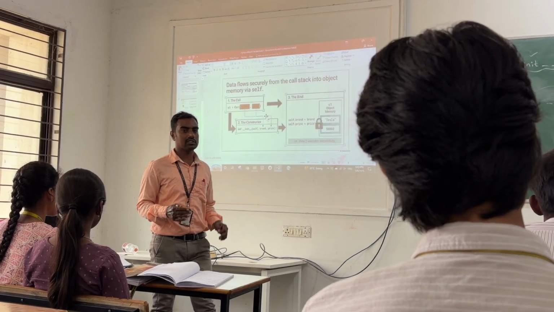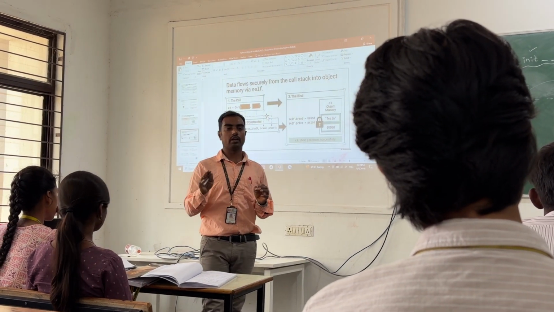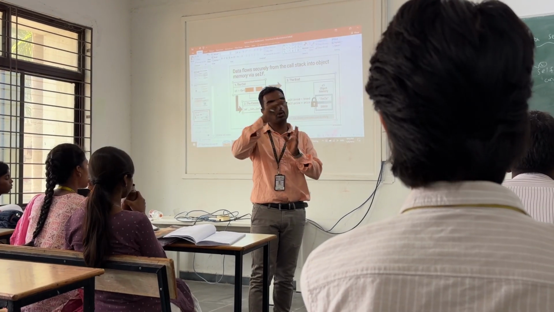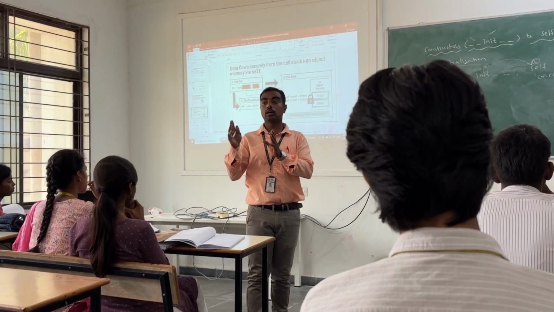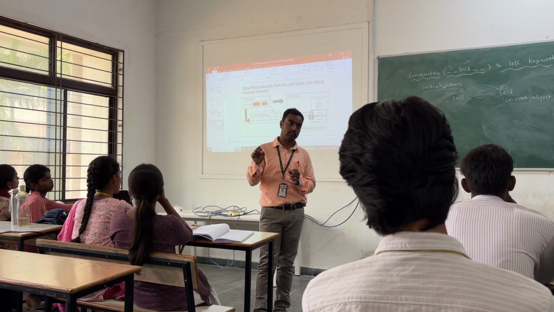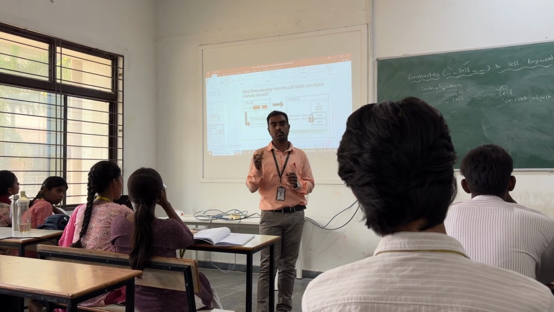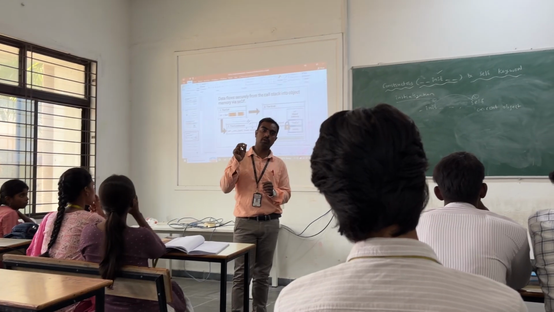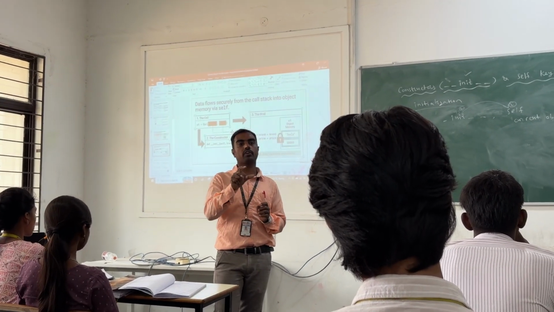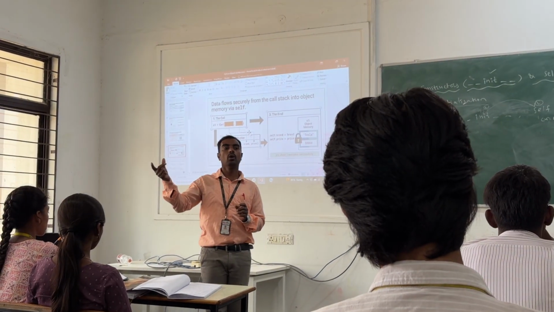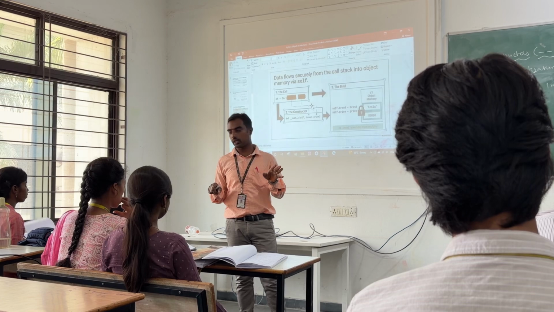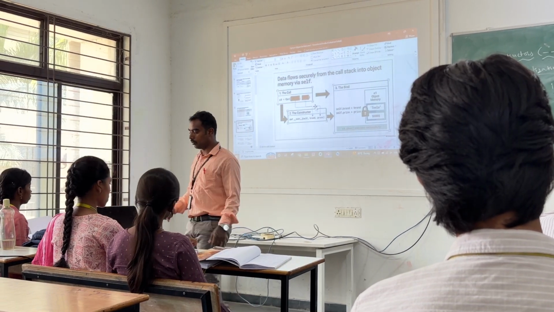Not only access: after completion of some process, the final values are also placed into the correct object. After accessing, some process is done, and after the process you get a final output. Then the final output should also reach the correct object, and that can also be done by the self keyword.